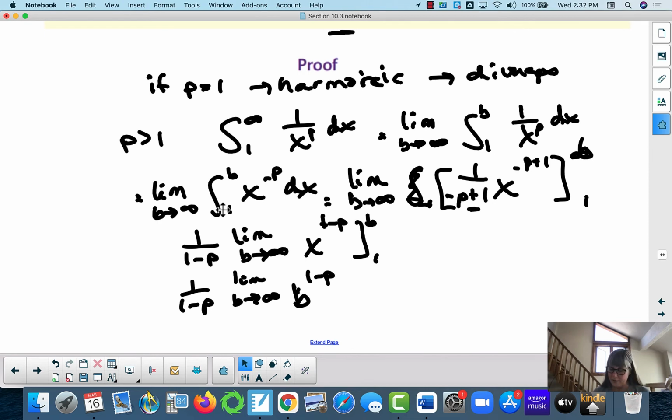So if p is greater than 1 here, that's going to make this part equal 0, right? Because as b approaches infinity, if p is greater than 1, we're going to have a really big number to a negative power, and that's going to be getting closer and closer to 0. So it converges.